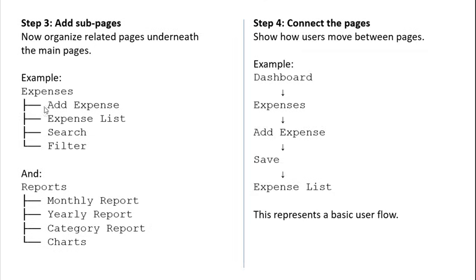For example, under expense there is the add-expense list, search and filter, and under report there is a monthly report, yearly report, and category-wise report and chart. The fourth step is to connect the pages and show how users move between them. For example: dashboard to expense, add expense, save expense list. This represents a basic user flow.